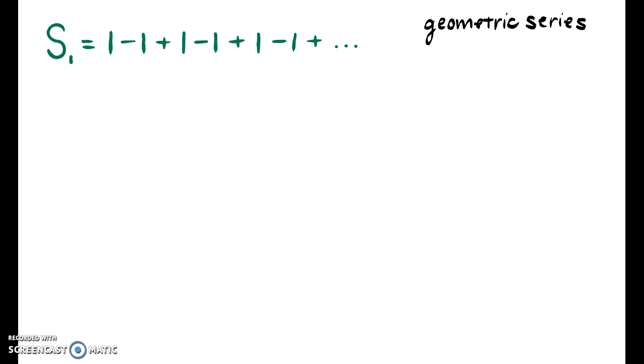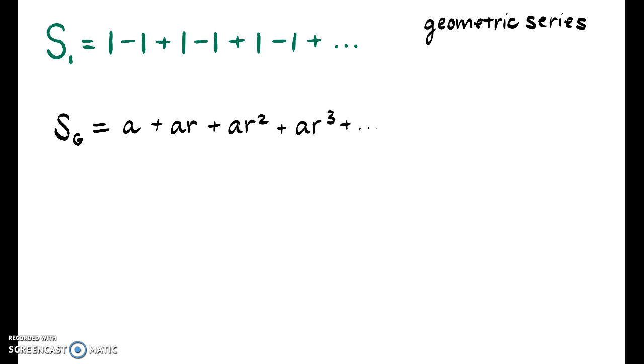Now, what we find is that in general there is a formula that tells us what the sum of all these terms is, a general formula, which we'll show now. We have a geometric series we'll call S sub g, and it's equal to the first term, which we'll call a, plus a times r for the second term, plus a times r again, so ar squared, plus ar cubed, plus all the way, and so on.